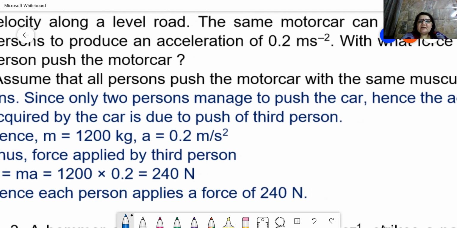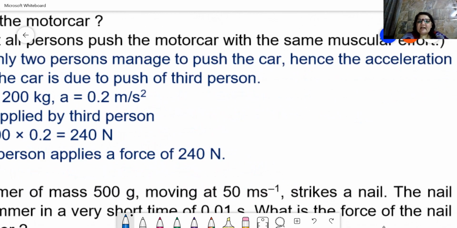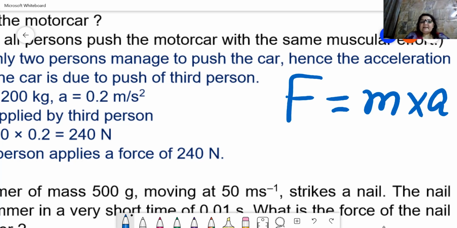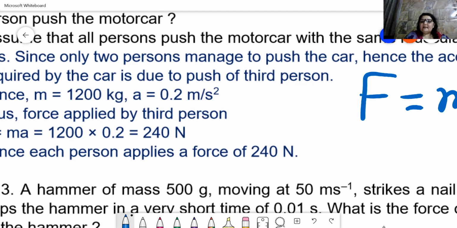So in this question, beta, first of all, we have the value of F, which is equal to m into a, but here we have to find out the acceleration. Now if somebody is accelerating, we find out how we can get the value.